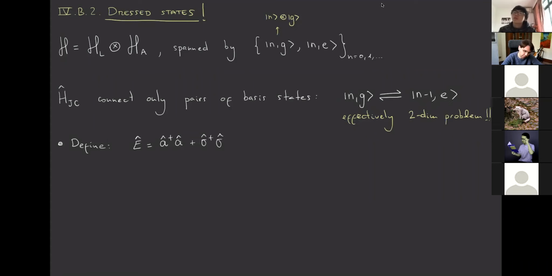The way to see this is very simple: A dagger A counts the number of photons, and this operator here is nothing but the excited state projector. Therefore, you are asking whether the atom is in the excited state or not. So this counts the number of excitations, and let me formalize it even more.